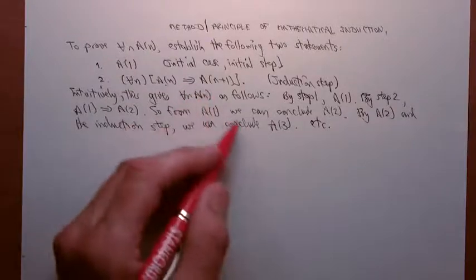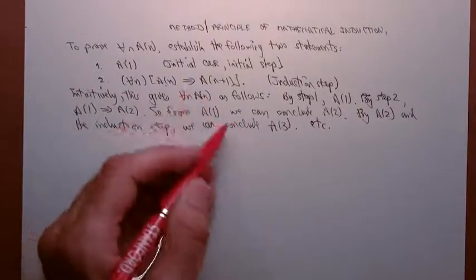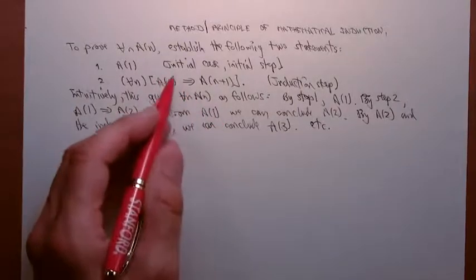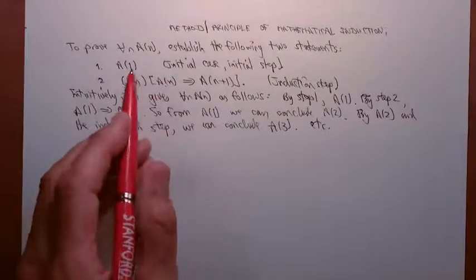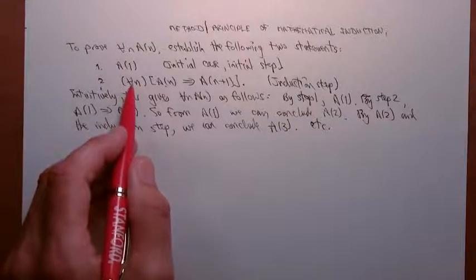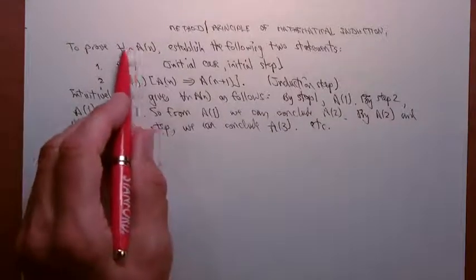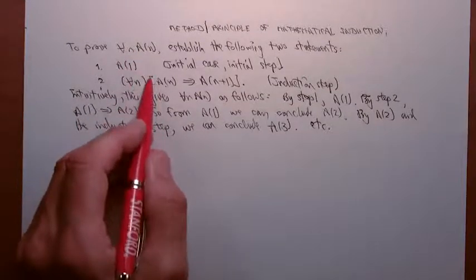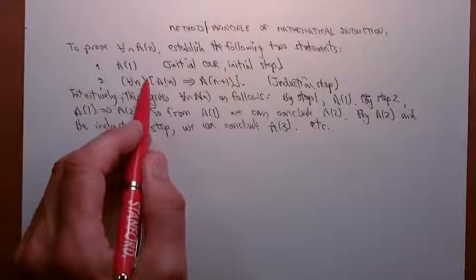Okay, that intuitive explanation is fine as far as it goes, but that's certainly not a rigorous demonstration of this method. The fact that proving these two together does yield that universally quantified statement is actually quite a deep result of mathematics.